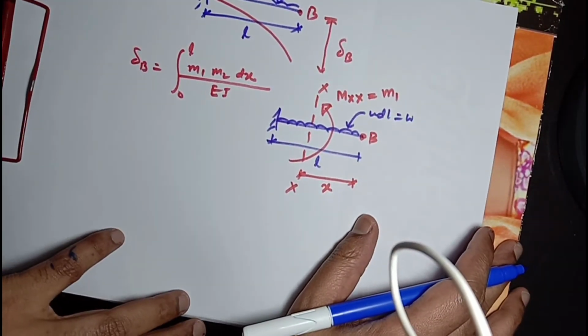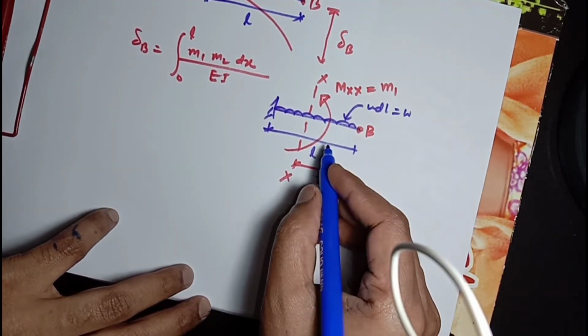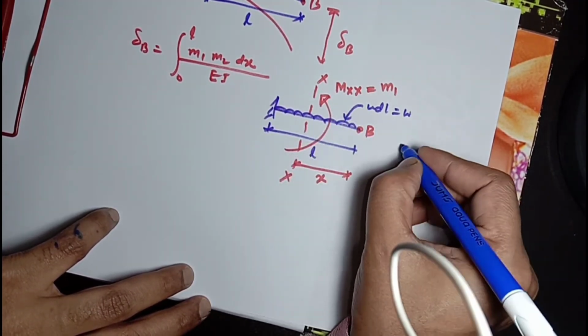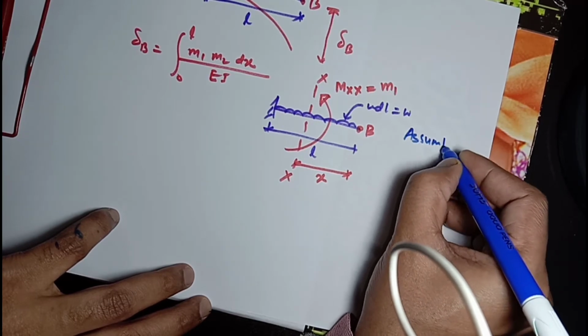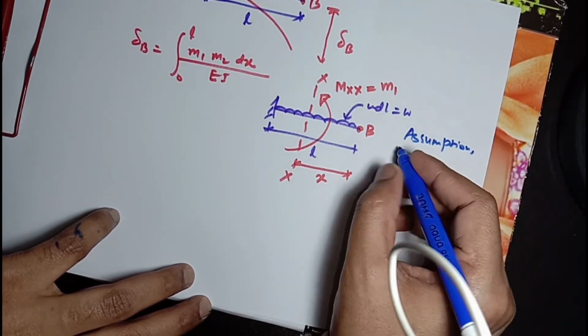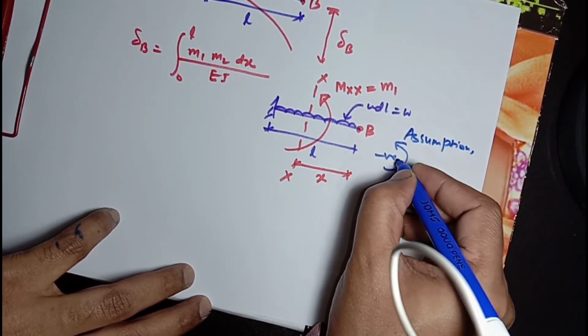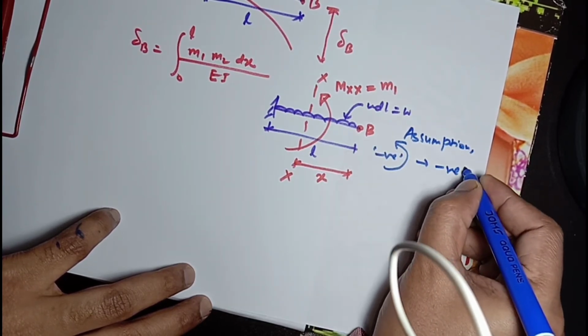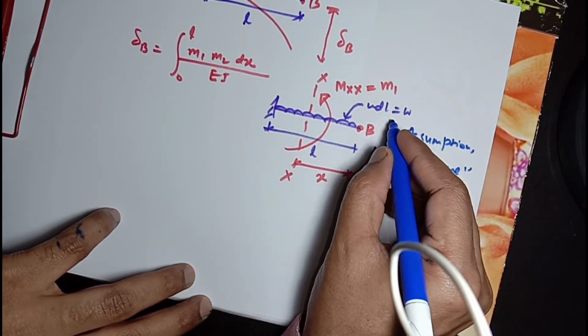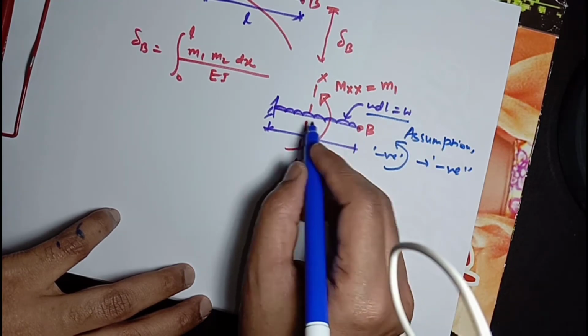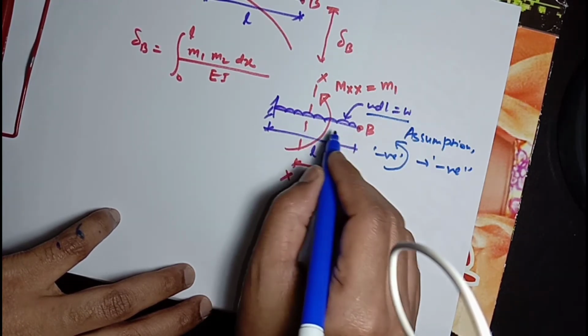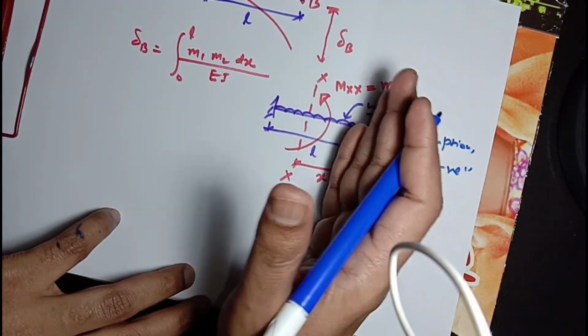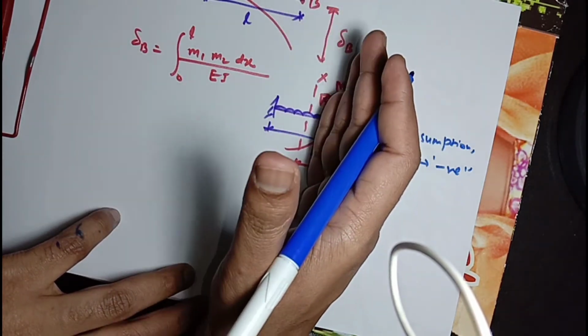Now this is the anticlockwise moment. What is our assumption? Assumption is anticlockwise moment will be negative. This is the load W which is acting throughout the length of this beam, and our main objective is to find out moment at section XX.